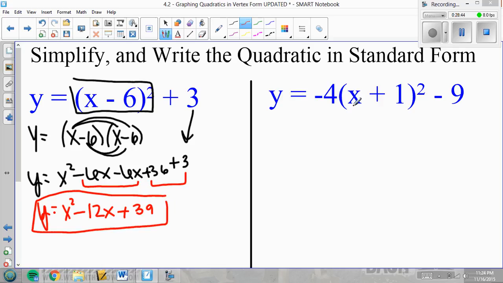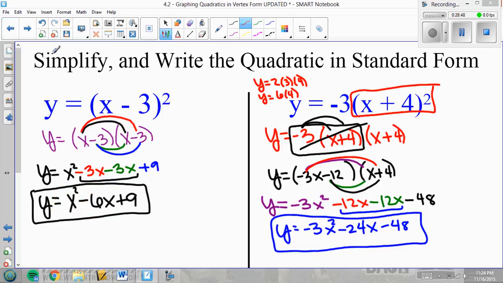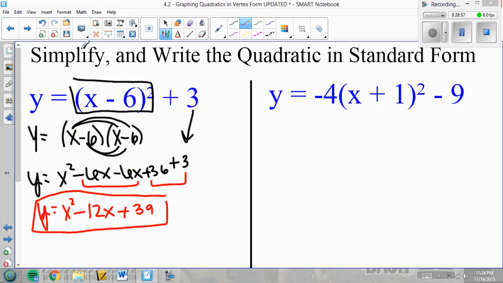So now you notice the last one is combining those three types we did. So when you just had one parentheses squared, then we added the term out front, and then we added one at the end. So now, remember, following your order of operations, take care of your exponent first, okay?